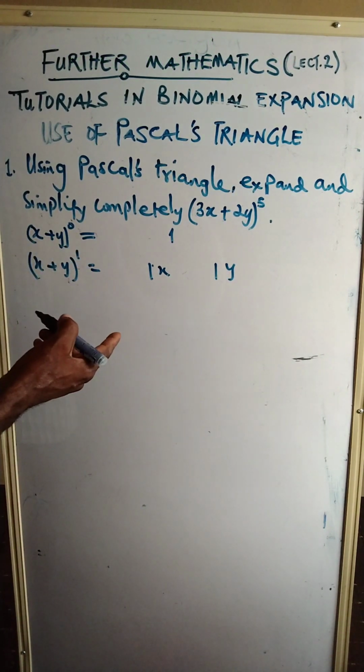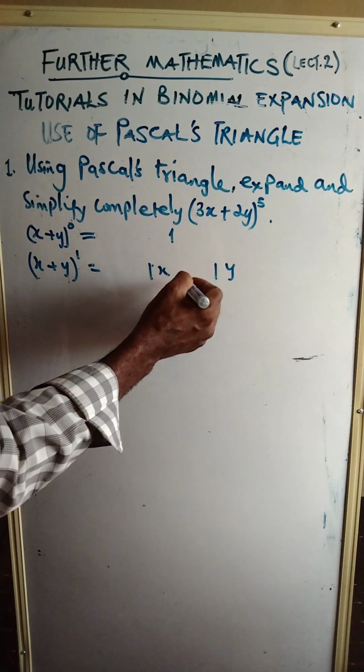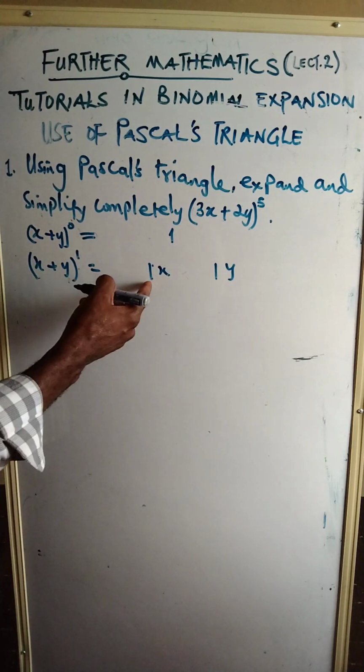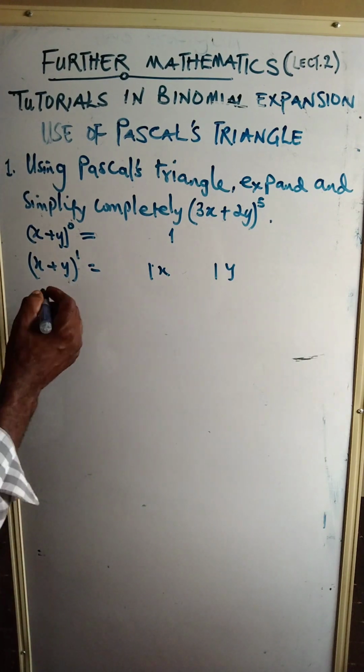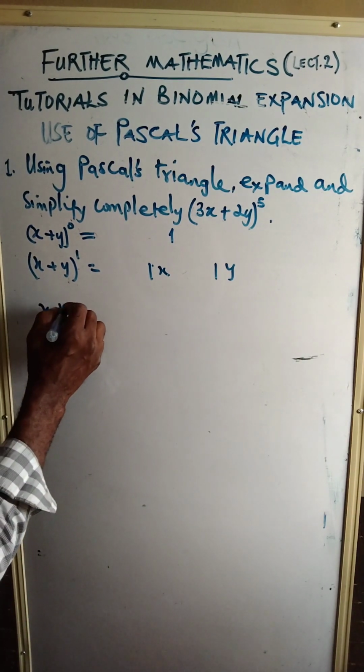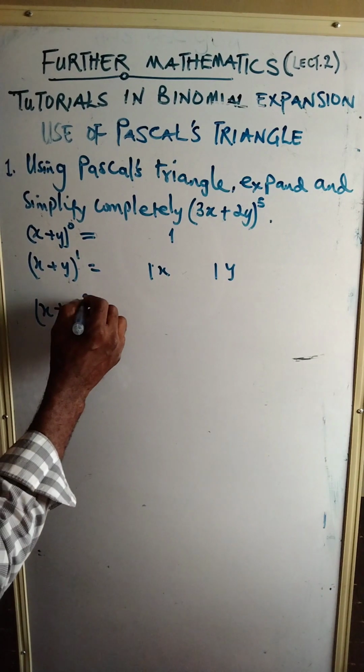Because it's just raised to power 1, so it's going to be plus, but that plus is not showing. We are interested in the leading coefficient. So the next one is x plus y raised to power 2.